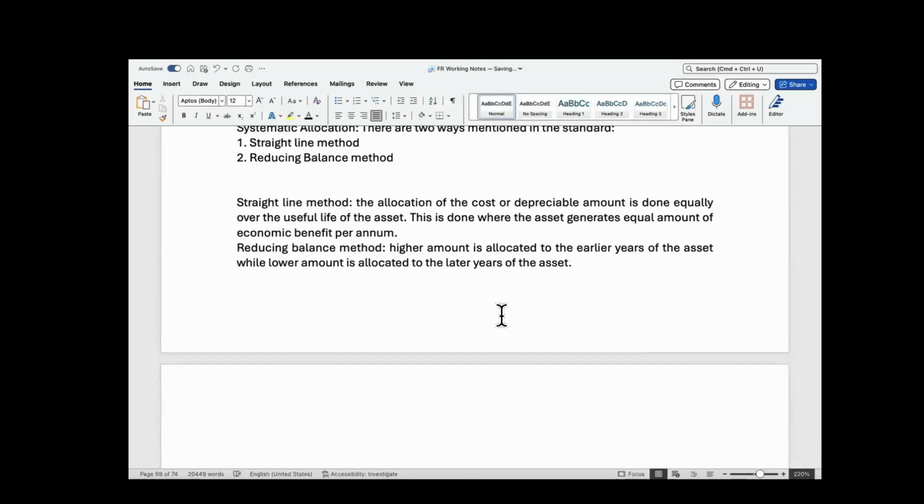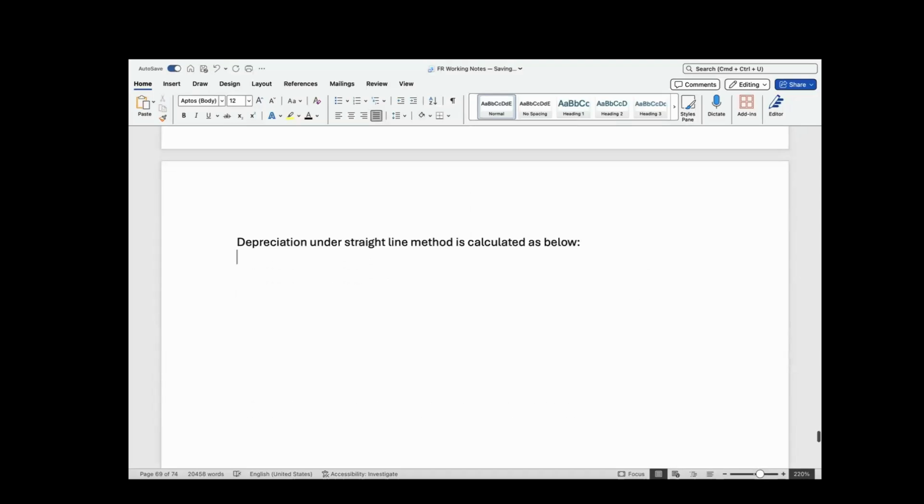Then how is this determined? How is this calculated? So depreciation under straight line method is calculated as below. Every one of you can guess how to do this.